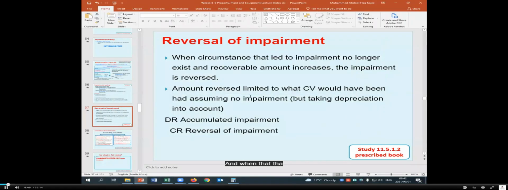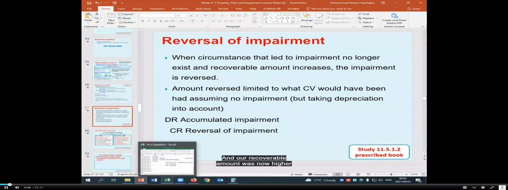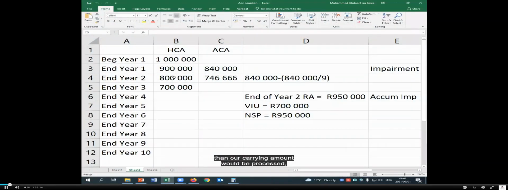And when that circumstance didn't exist anymore, and our recoverable amount was now higher than our carrying amount, we processed a reversal of impairment. Right? So our recoverable amount in this example went to 950, and our value was at 7466. Right?